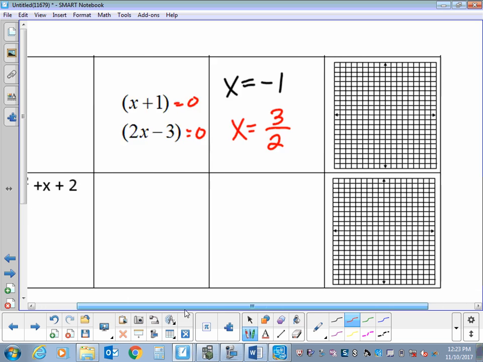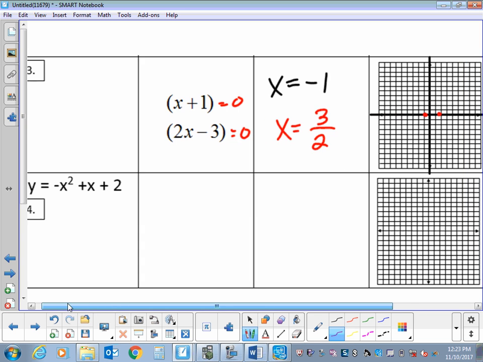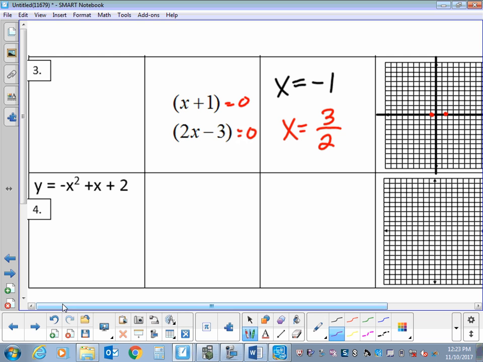Okay, so for here, I'm going to go ahead and put my zeros in. So -1, and then 3/2 is 1.5. Right there. What's my equation? Did you just copy your factors over?